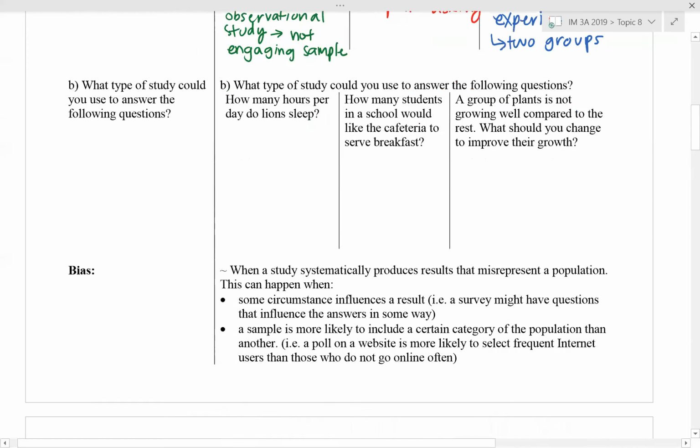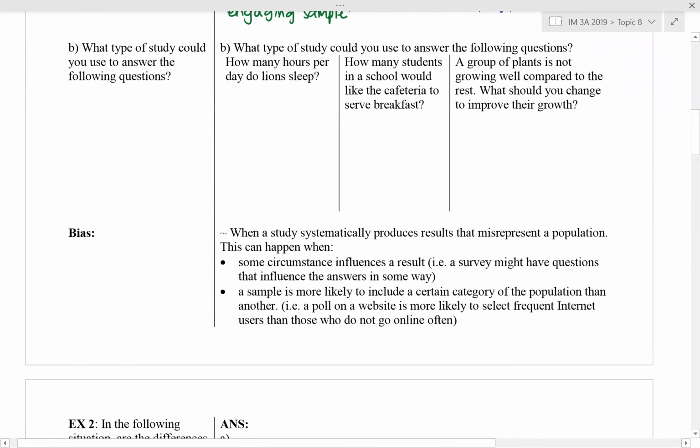Then for B, we're given questions, and we're asked, what type of study would we use to answer this question? How many hours per day do lions sleep? If we think about our options, a sample survey: can I talk to lions? No. An experiment: do I need to do 2 groups and have one sleep and one not?